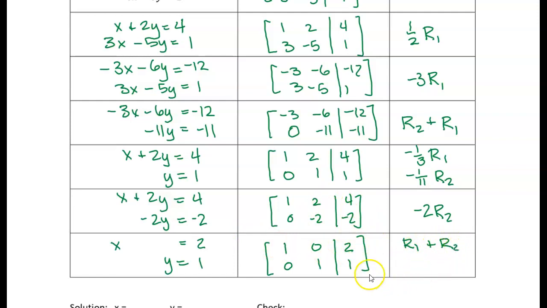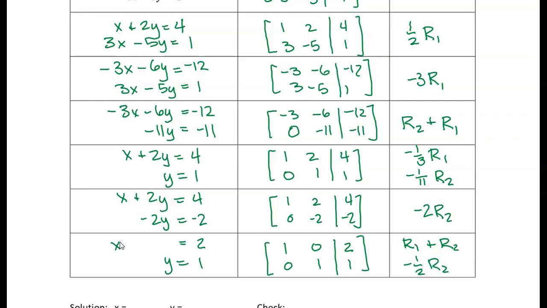So I replaced row 1 with row 1 plus row 2. And then I took the second row and I multiplied by -1/2, or you could think of it as dividing by -2. Okay, and then you can see that my augmented matrix is essentially saying that x is equal to 2 and y is equal to 1, if I took the augmented matrix and turned it back into a set of equations.